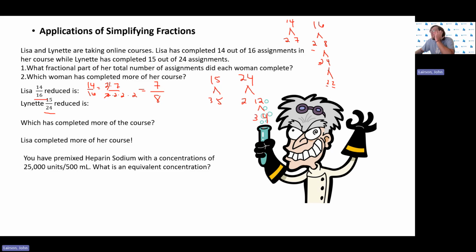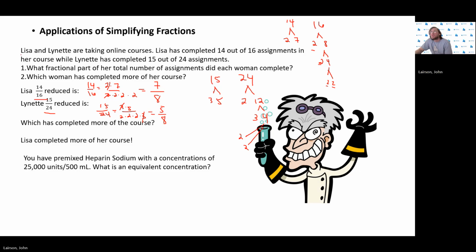I know I'm going into my mad scientist a little bit, but I'll draw my lines out. 2 and 2 again. So 15 over 24 is 3 times 5 over 2 times 2 times 2 times 3. This 3 cancels out, 3 at the top and bottom. We have 5, and then 2 times 2 times 2 is 8.